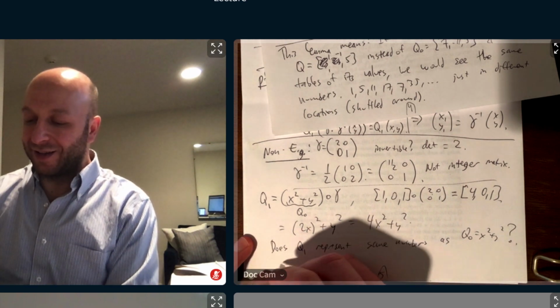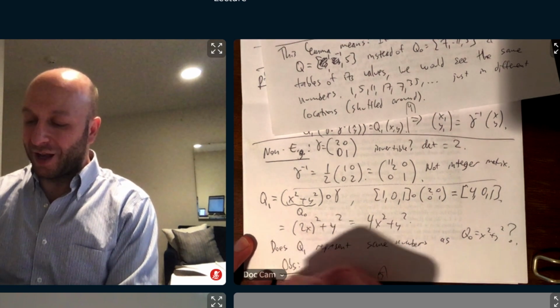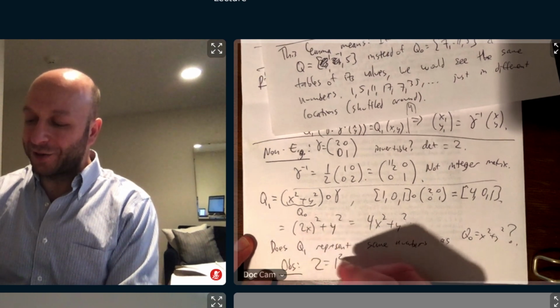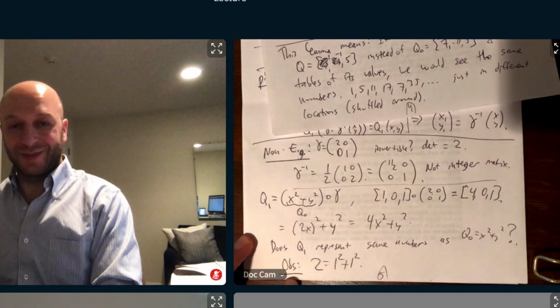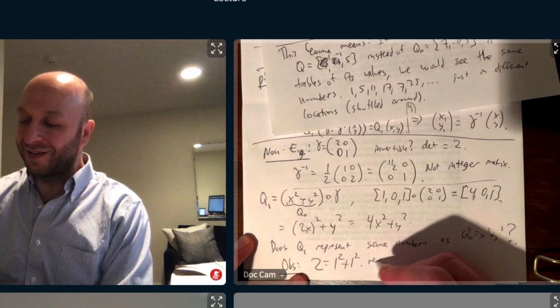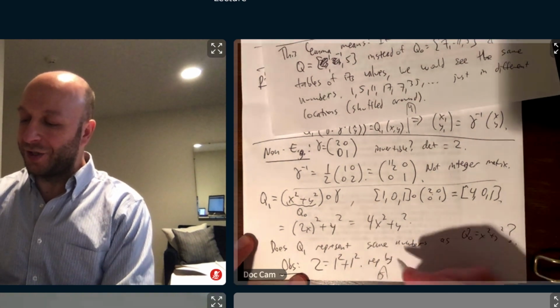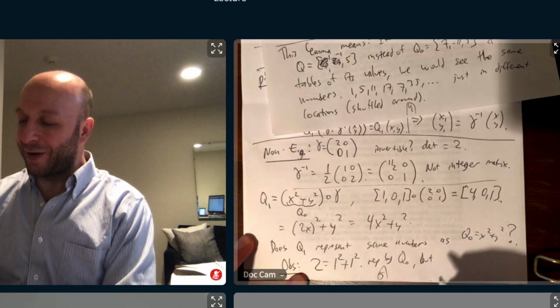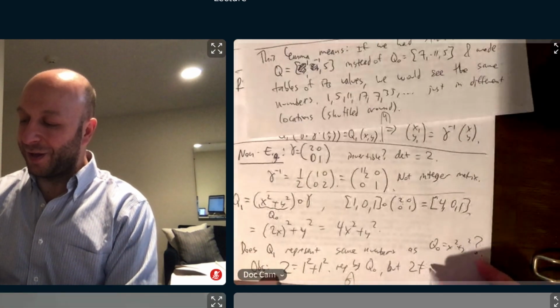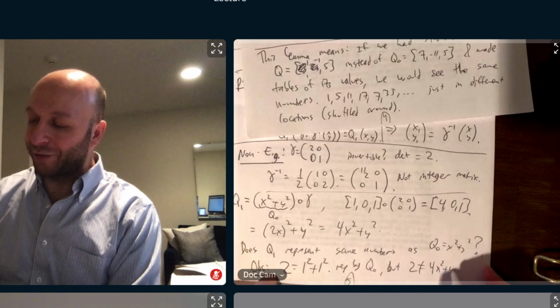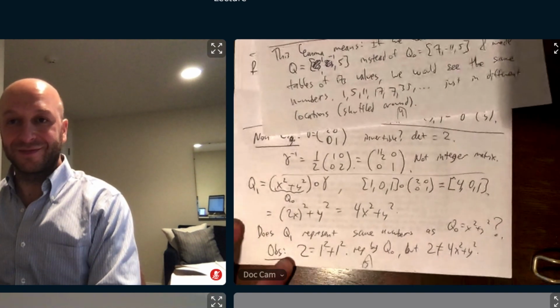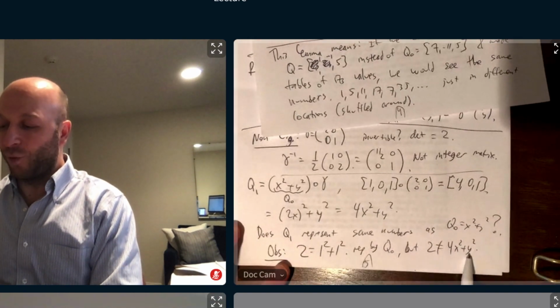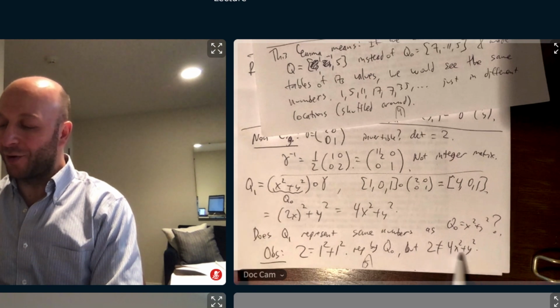But observe that 2 is 1 squared plus 1 squared. So 2 is represented by Q0. But how do I get 2 to be 4 times a square plus a square? If I make y equal to 1 and x equal to 0, I get 1.